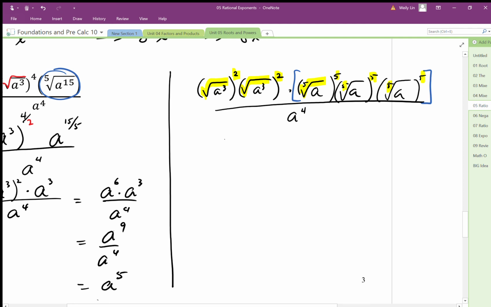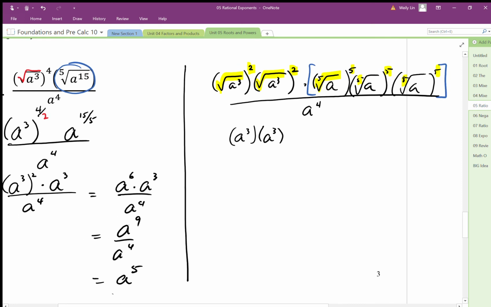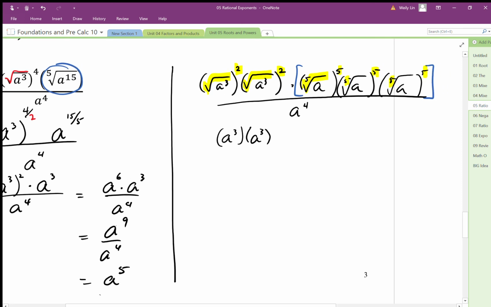I'm going to be left with a cubed times a cubed. There's my a to the power 6 that I ended up with here, times fifth power, fifth root, fifth power, fifth root, fifth power. That means I have just the a left over from that there.